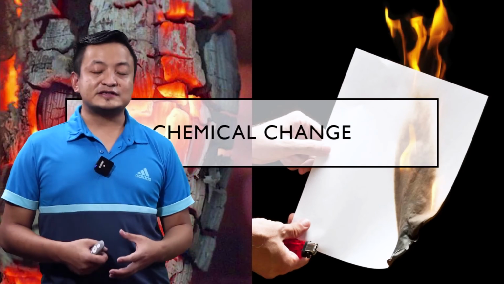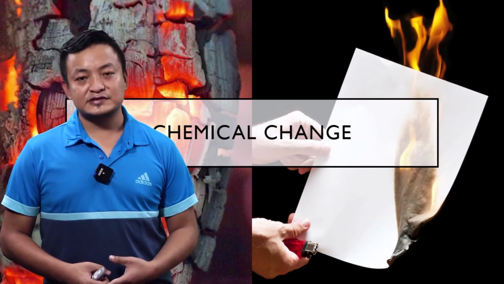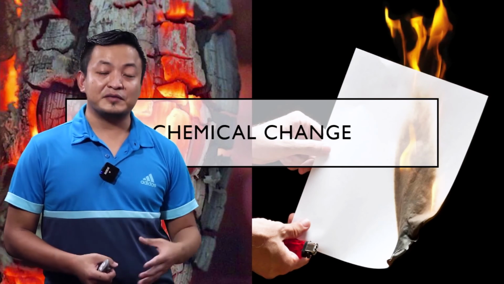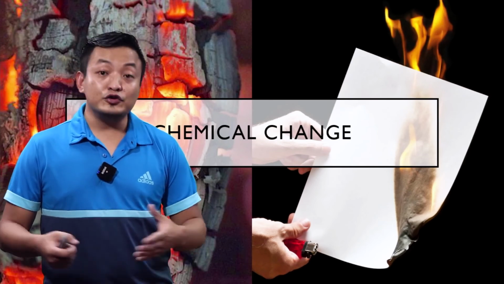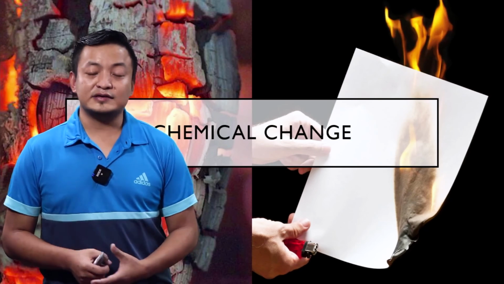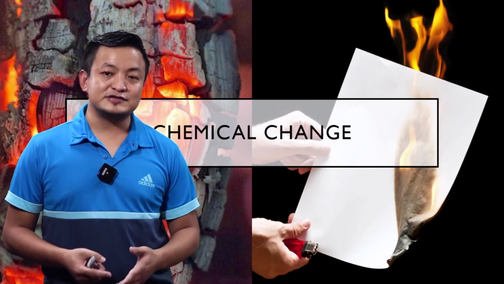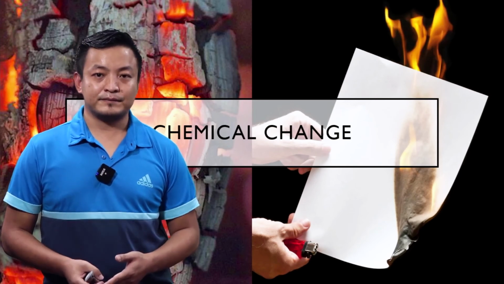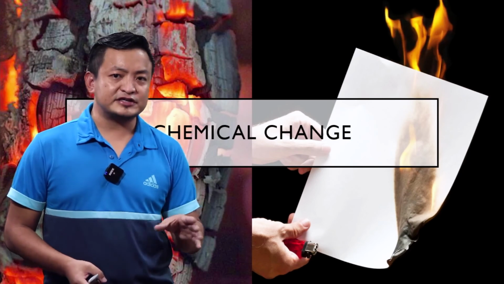Now, before we see another activity for chemical change, dear students, are you all clear with chemical change? A chemical change is a change where new substances are formed. It is irreversible because we do not get the original substance back.